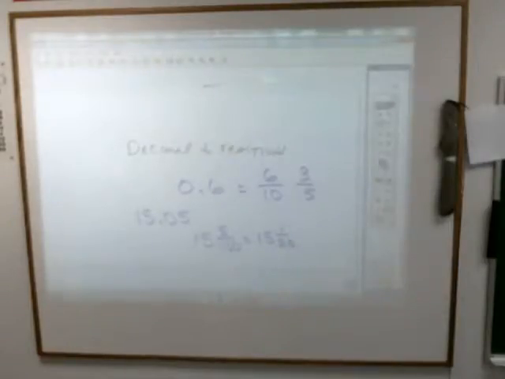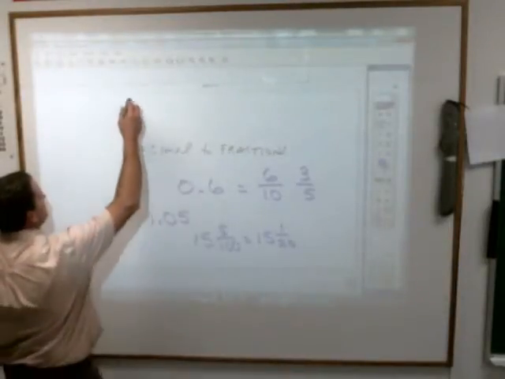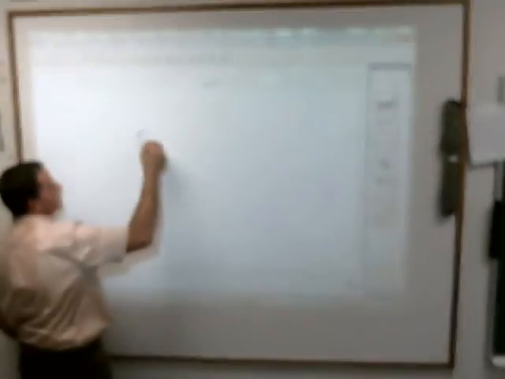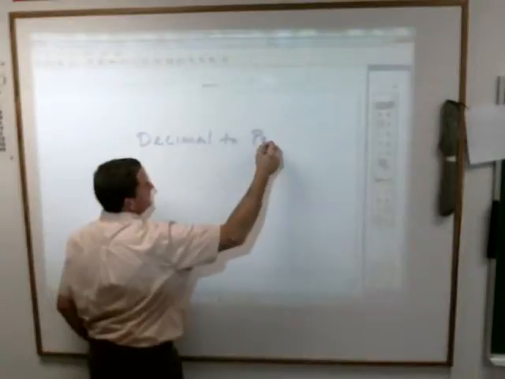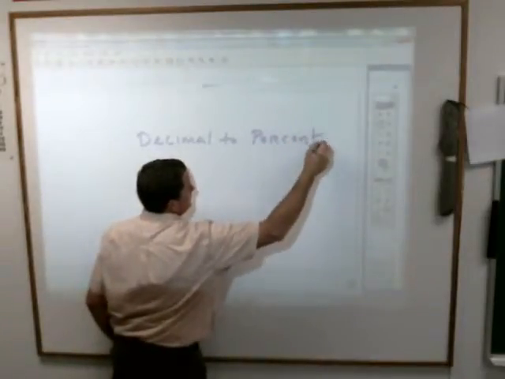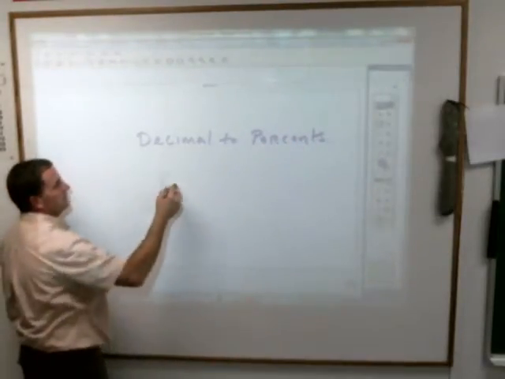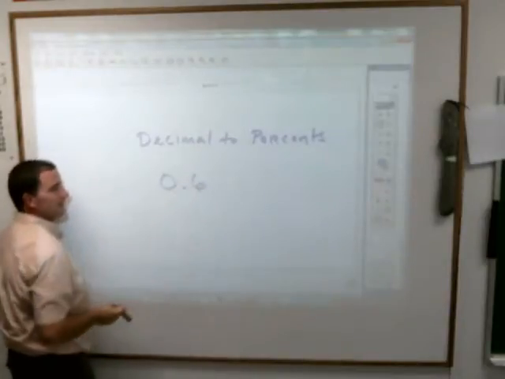How about this? Now we have to do decimals to percents. What if I have 0.6 and I want to make that a percent?